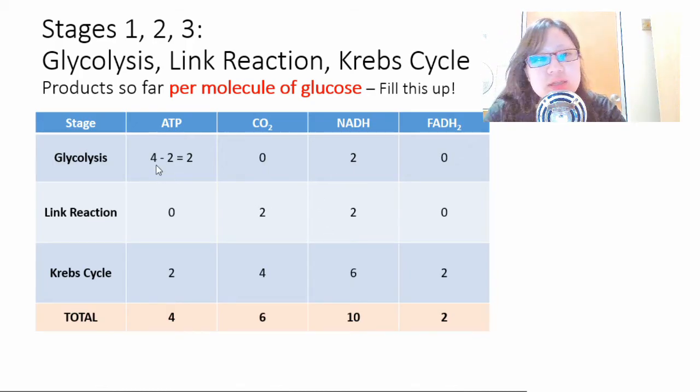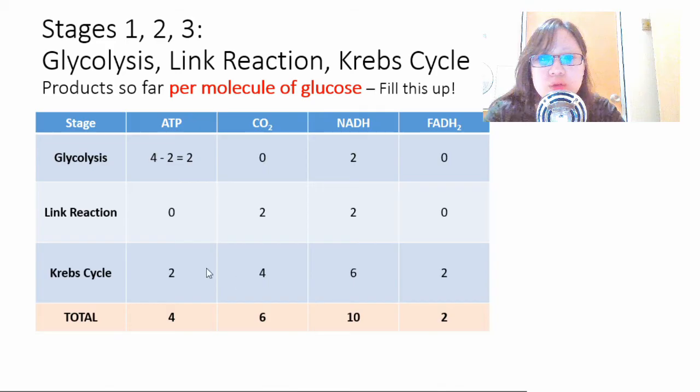So glycolysis, net gain is 2 ATP, NADH is 2 that is formed there, and link reaction and Krebs cycle, you can see that the information here has doubled because, well, one molecule of glucose produces 2 pyruvate molecules, and those pyruvate molecules individually go through the link reaction and Krebs cycle.